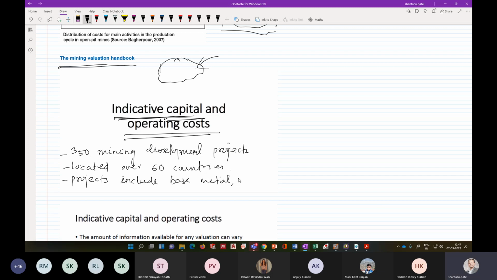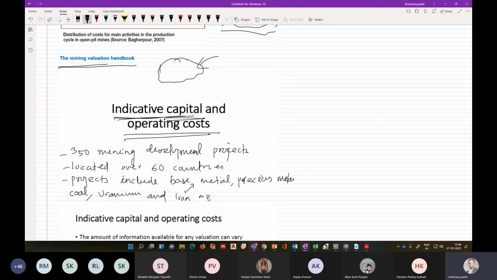And else, of course, we have precious metal, and then coal, uranium, and iron ore. You need to see why iron ore and base metal are different.